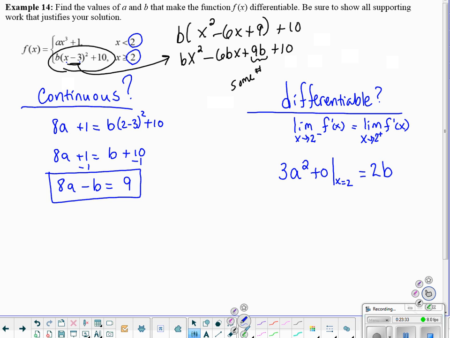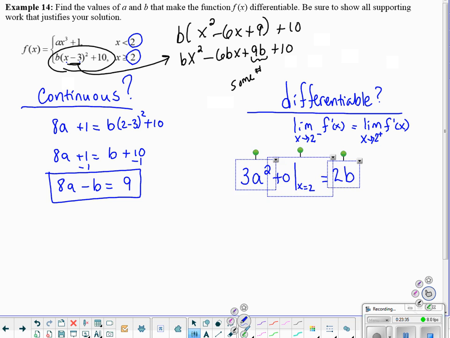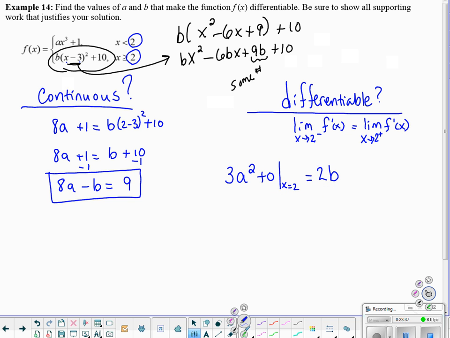So I take the derivative of the first stuff, and I get 2bx. The next stuff, the derivative of x would give us 1 come down, it would be a 6b.